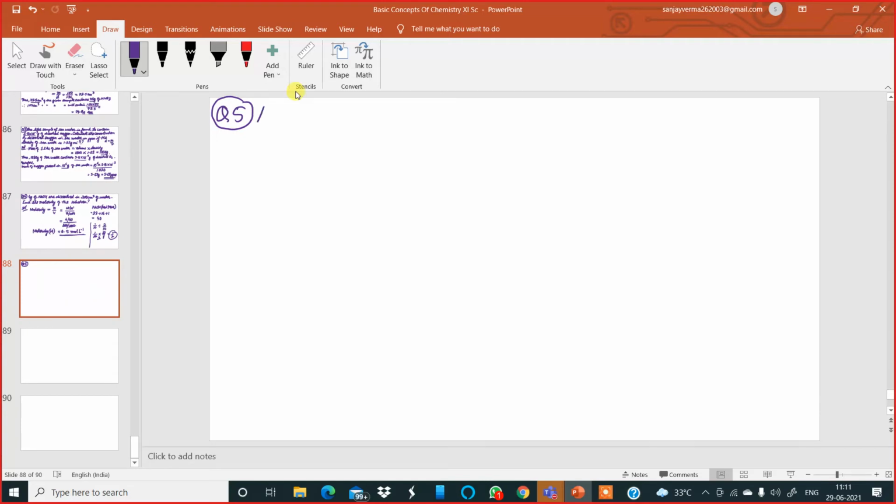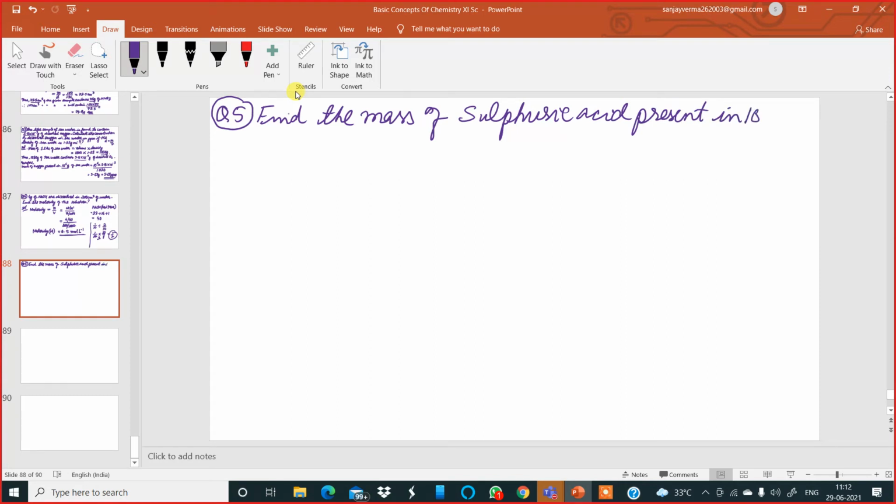Find the mass of sulfuric acid present in 100 centimeter cube of a decimolar solution.